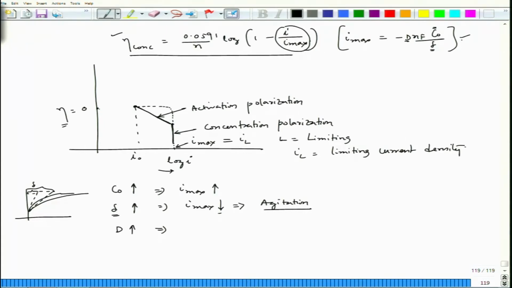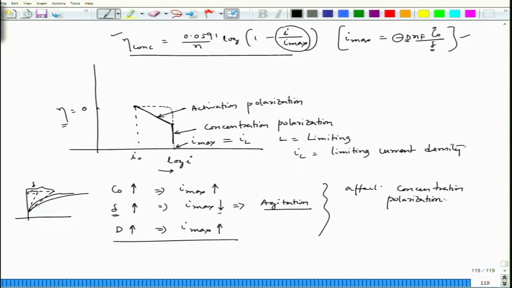As per this formula, this minus sign is indicative of flow of ions from higher to lower concentration, and as D increases, I max also increases. So, these are some factors which affect concentration polarization.